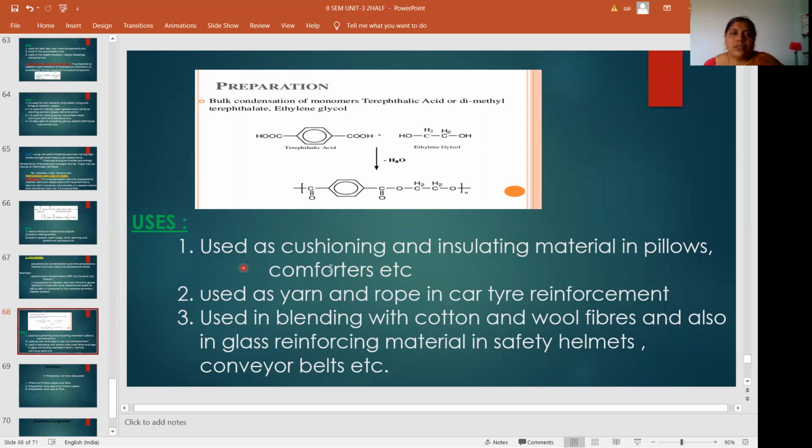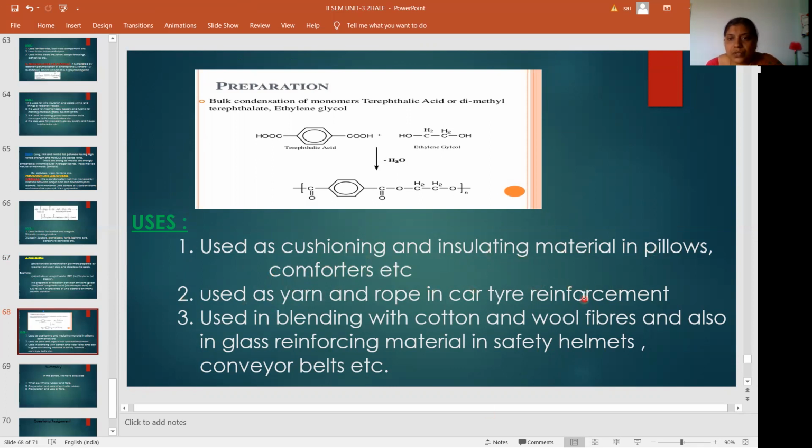It is used as cushioning and insulating material in pillows and comforters. Pillows, all of you know pillows. In that, cushioning material will be used, insulating material, and comforters like sofas. It is also used as cushioning material, wool, rope, in car tire reinforcements.